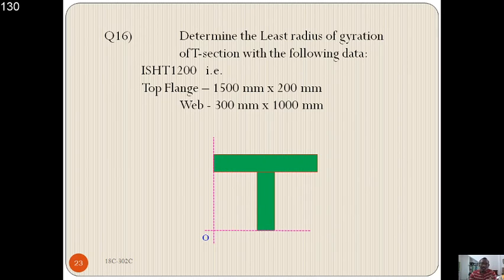First find the centroid and then identify whether there is any possibility of equality of y1, y2 with y bar, or of x bar equal to x1 and x2. If it is possible, accordingly the simplification can be done, and find the least radius of gyration after finding Ixx and Iyy.